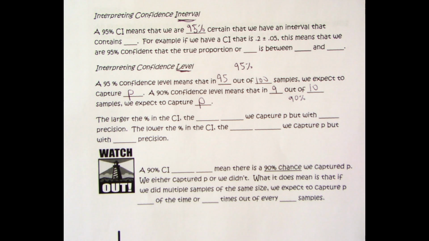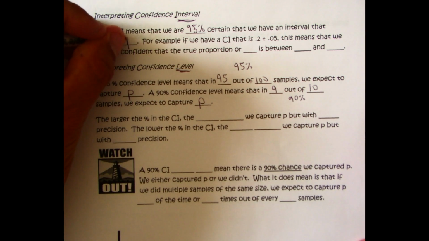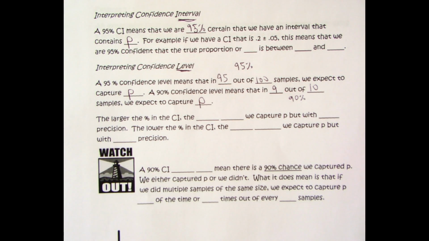It means that we are 95% confident that p is in our interval. Either p is in the interval or it's not. It's not that there's a chance it could be and a chance it's not. We're quantifying how confident we are that p is in that interval.